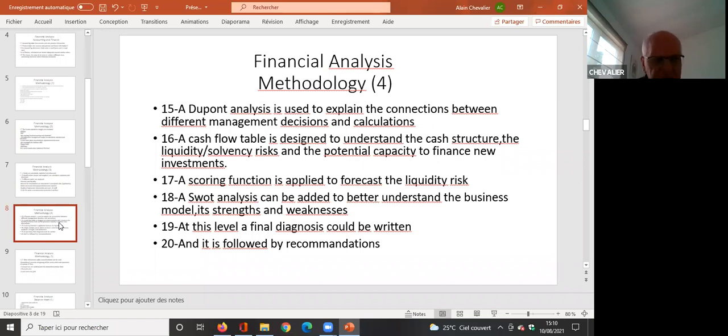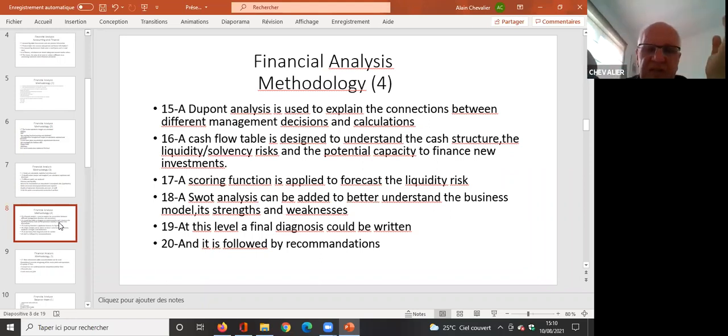Now you have got number 17. And number 17 introduces you to something which is different, which is processes or methods which try to give you a grade. It's generally a grade on liquidity.